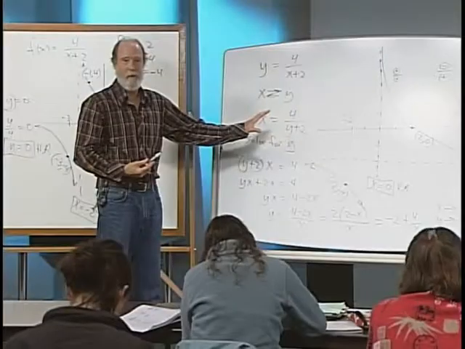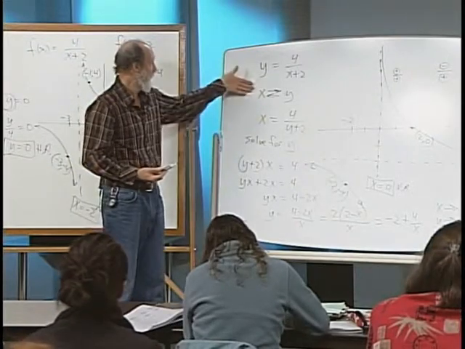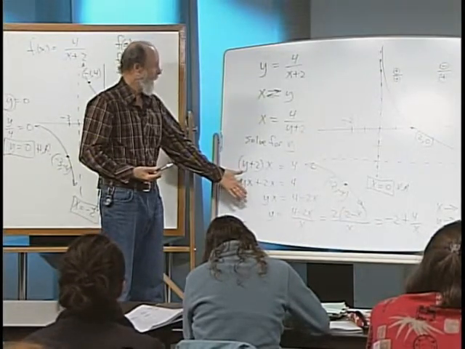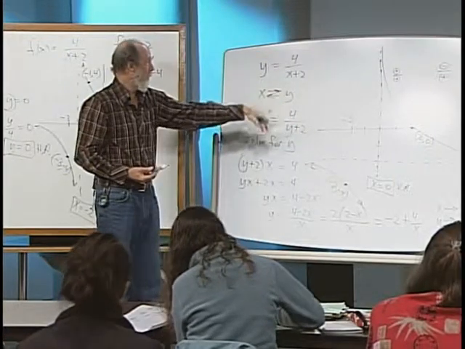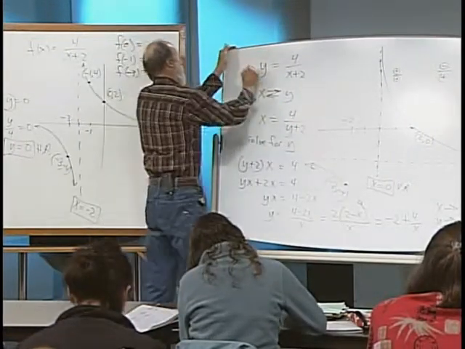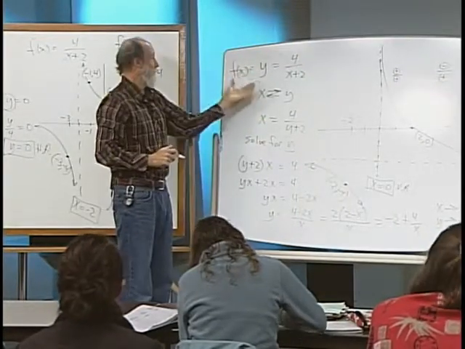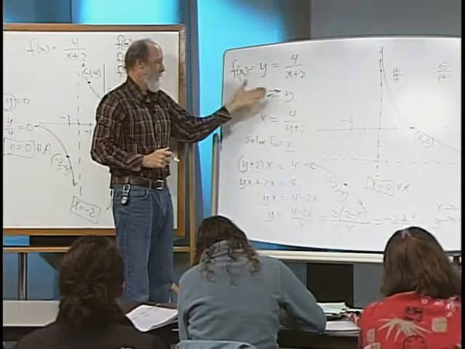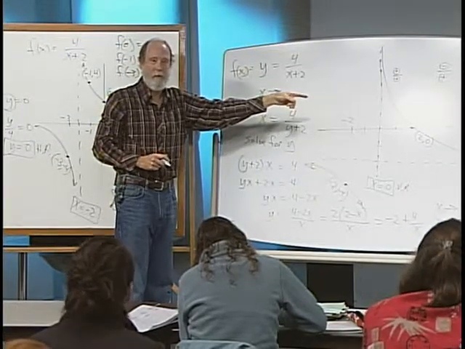Don't lose sight of what we've been doing. We started with some other function, we interchanged the x and the y, and we solved for the new y, and here's the picture of that thing. So this thing originally was called f of x. The original function was called f of x, and this thing is a function, isn't it? So we can use what symbolism?